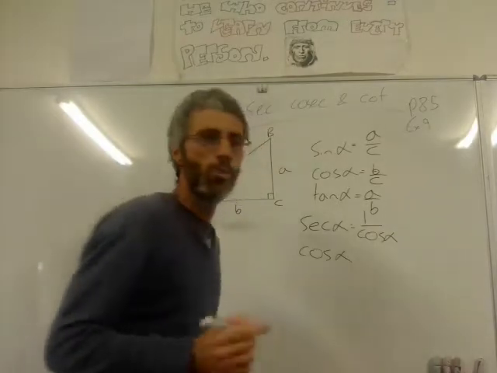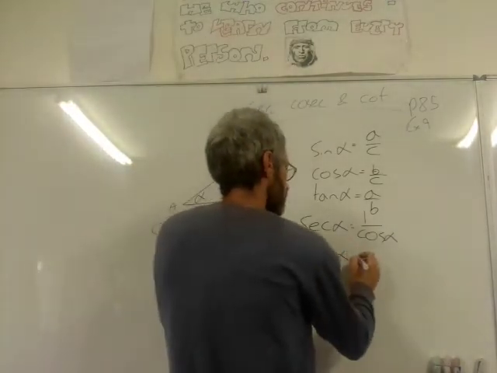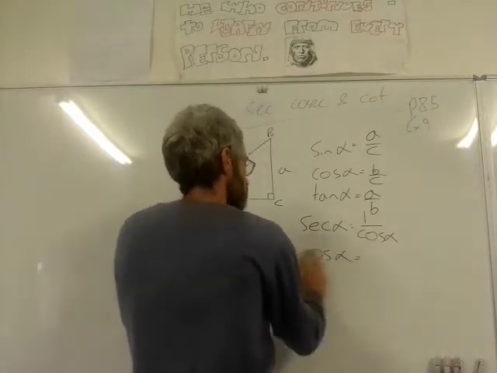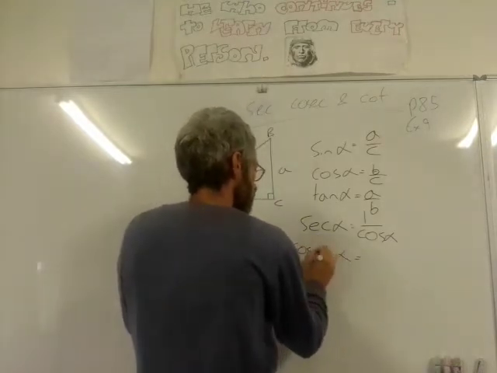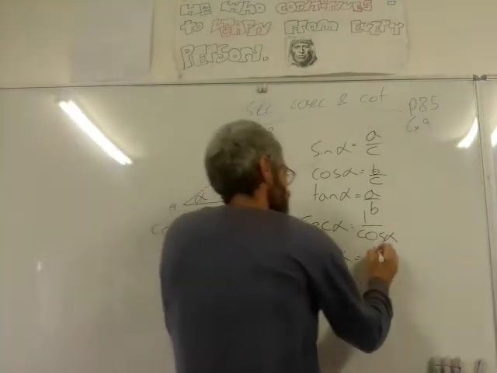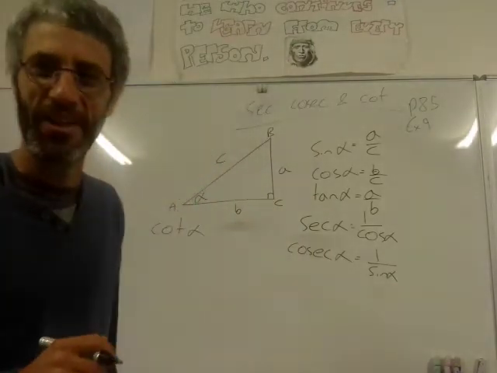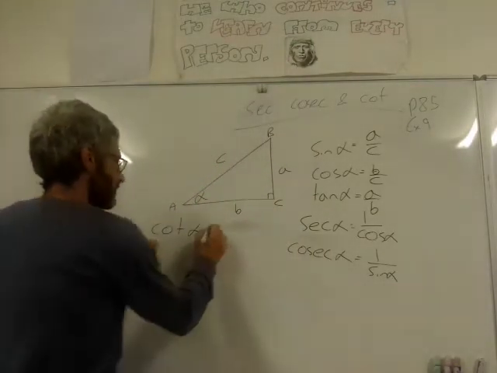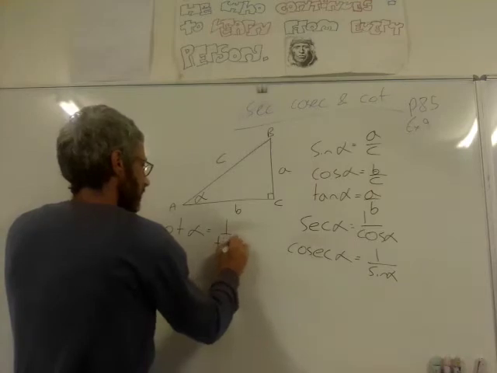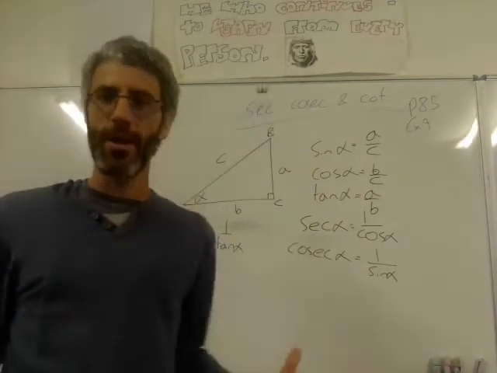So sec is 1 over cosine alpha. Cosec alpha, which starts like cosine, is exactly 1 over sine alpha. So it's kind of the opposite to what you would think. And cotang is 1 over tan alpha.